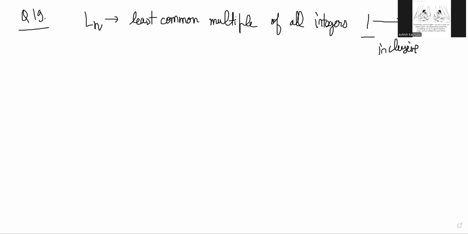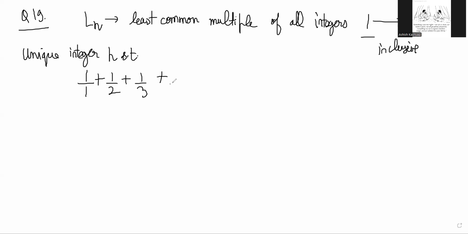There is a unique integer h such that 1 by 1 plus 1 by 2 plus 1 by 3 till 1 over 17 is equal to h by L17.